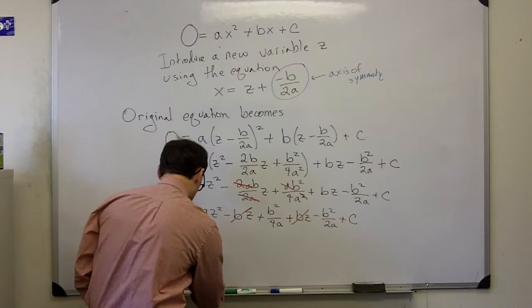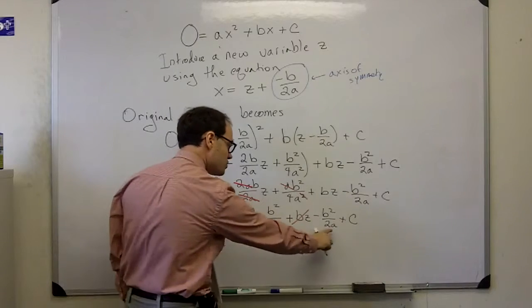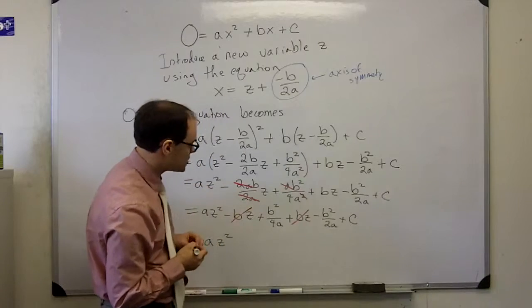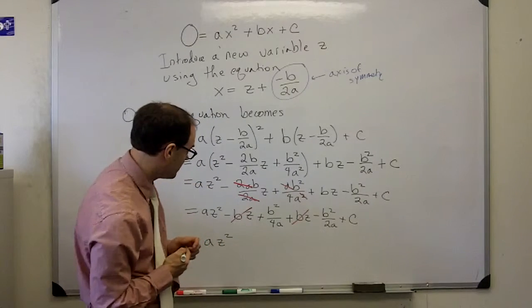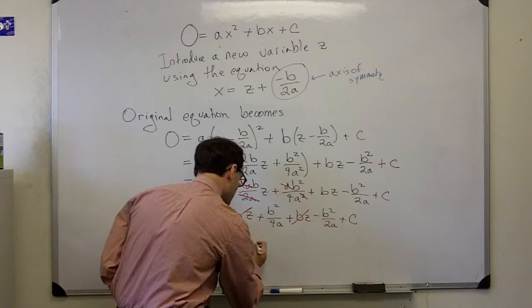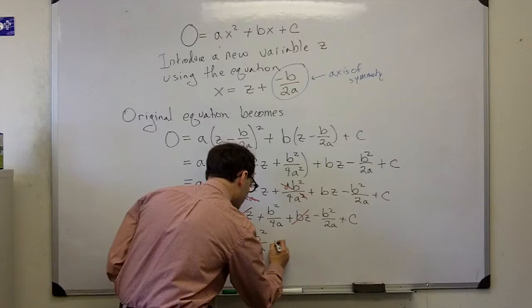And so this is now a z squared. And look, there's no z terms in these remaining terms. In fact, this term here, well, it's like 1/4 minus a half. So what's that? It's negative a quarter. So this is minus b squared over 4a plus c.